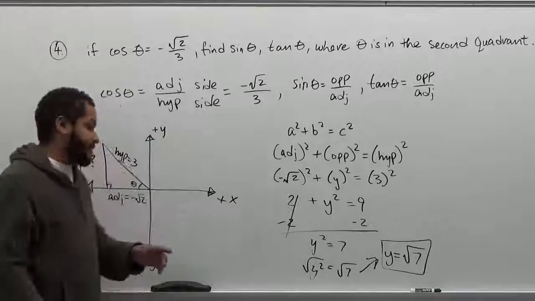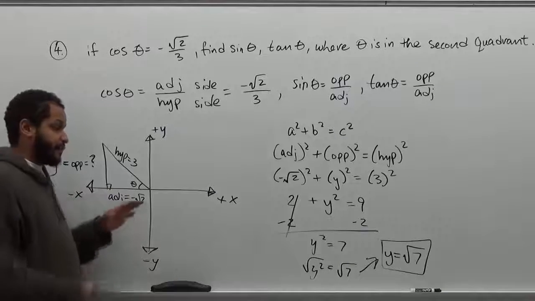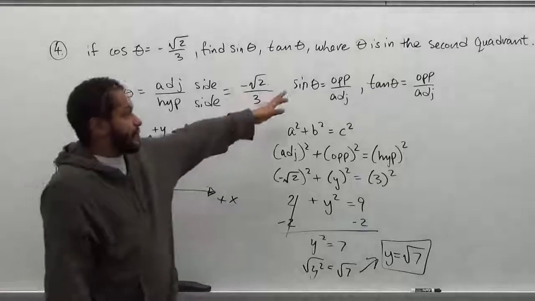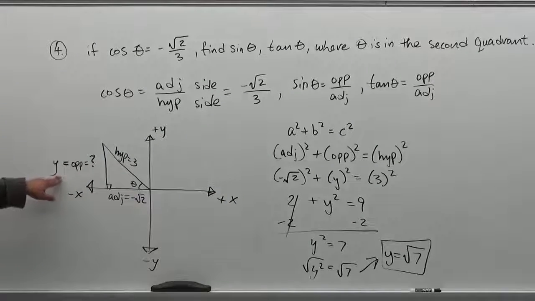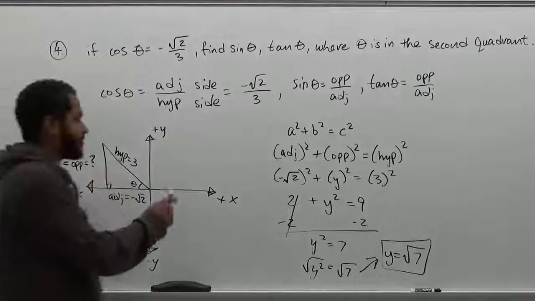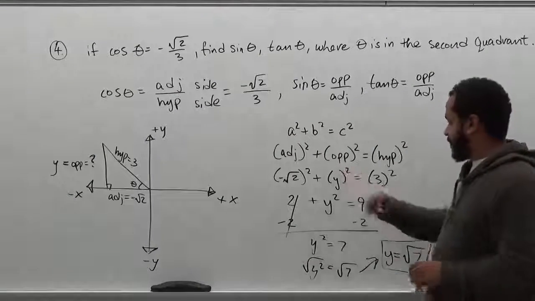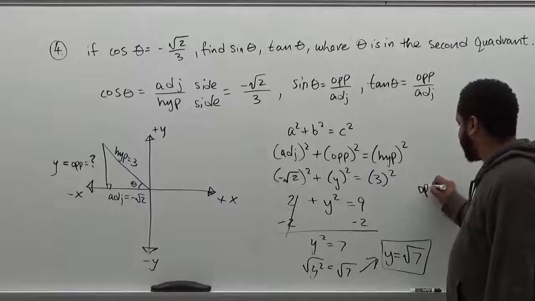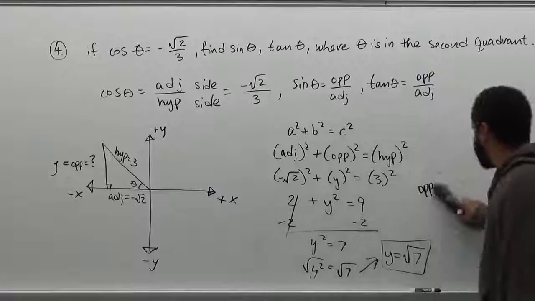Now pay close attention to this, because if we were in the third quadrant, y would be negative, which makes a big difference to what we're going to get. So now that we have our value of y, since it's positive, we just take the positive square root of 7. Since y is the opposite side, we know the opposite side is equivalent to the square root of 7, and it's the positive square root.